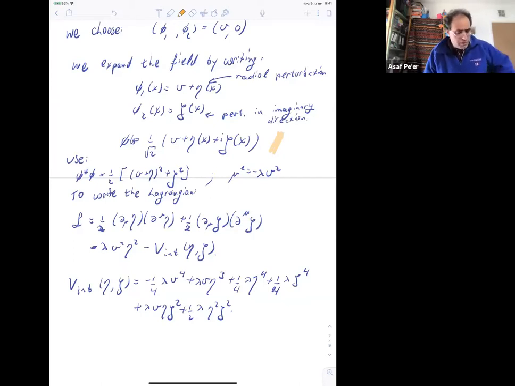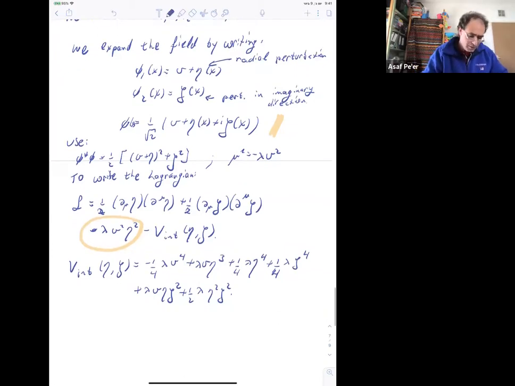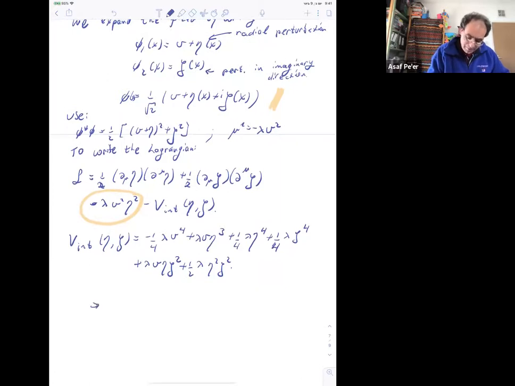So you end up that there is only one term which is quadratic in the field eta. It's the only quadratic term. All the other terms are not quadratic. And so we identify this term as the mass term of the eta field, right? So that means that we write down that half m eta squared is lambda v squared.